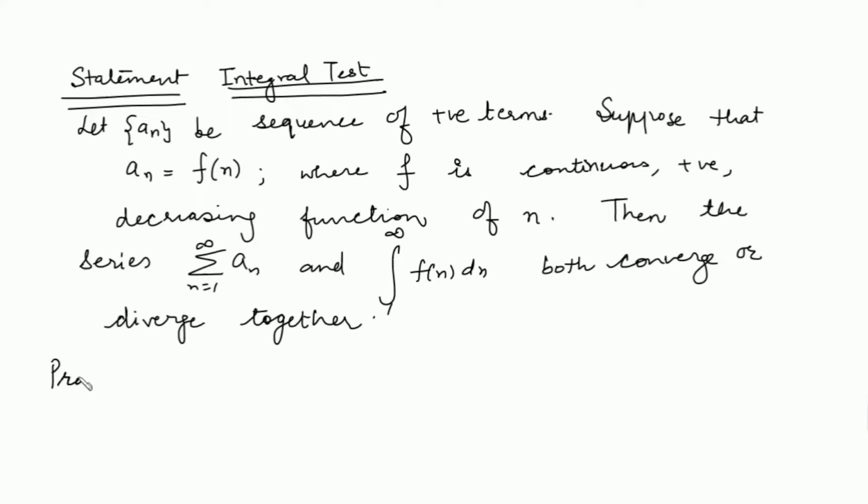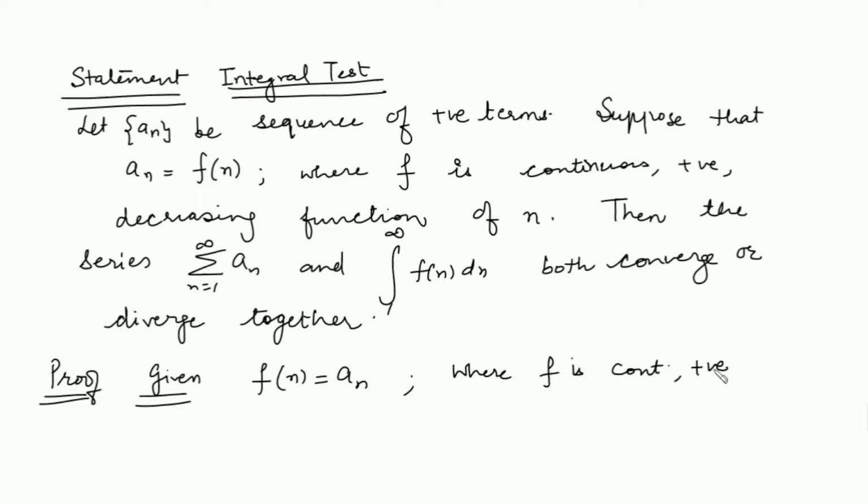Now just see the proof. So in the proof, what is given to us is that you can write the function as the terms, where this f is continuous, positive and decreasing for all n varying from 1, 2, 3 and so on.